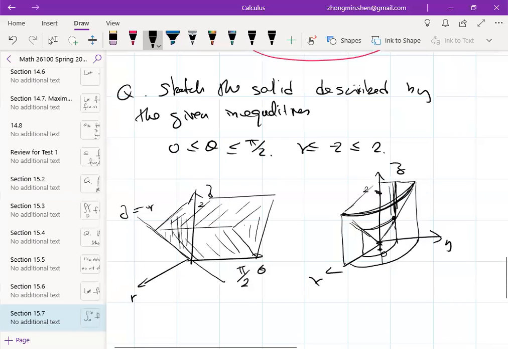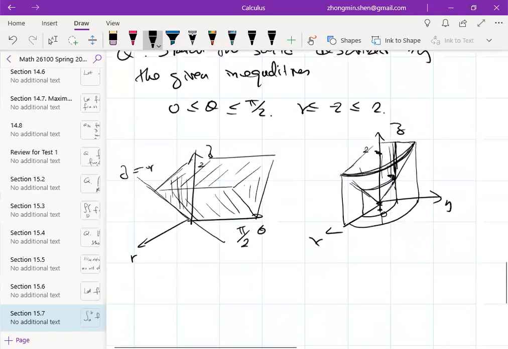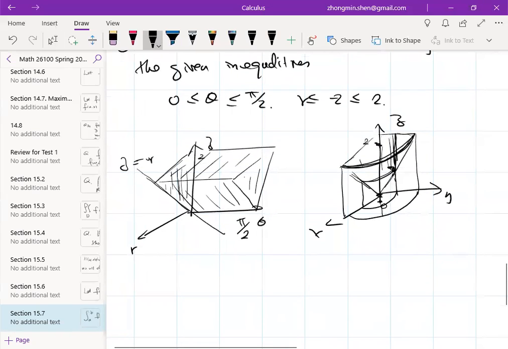So these pieces are inside the solid. Think about that. So the real picture looks like this. Okay, that's my understanding.